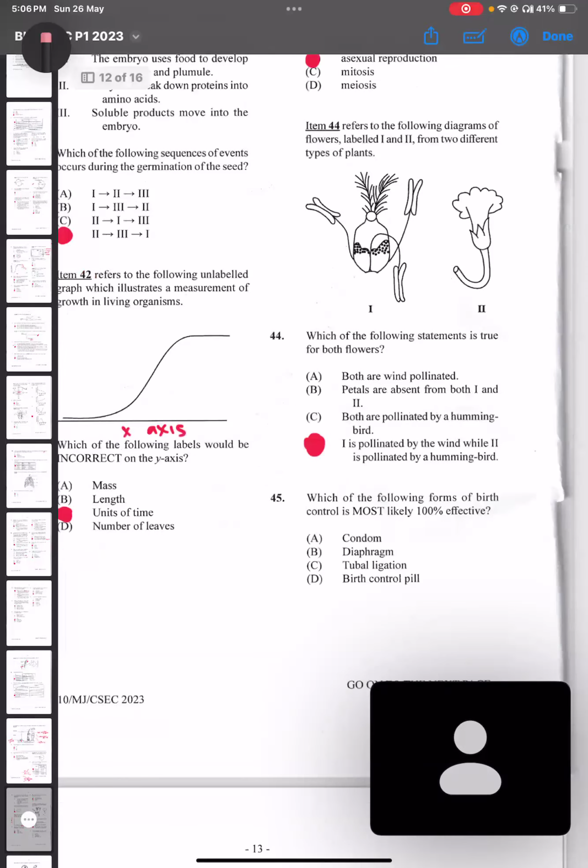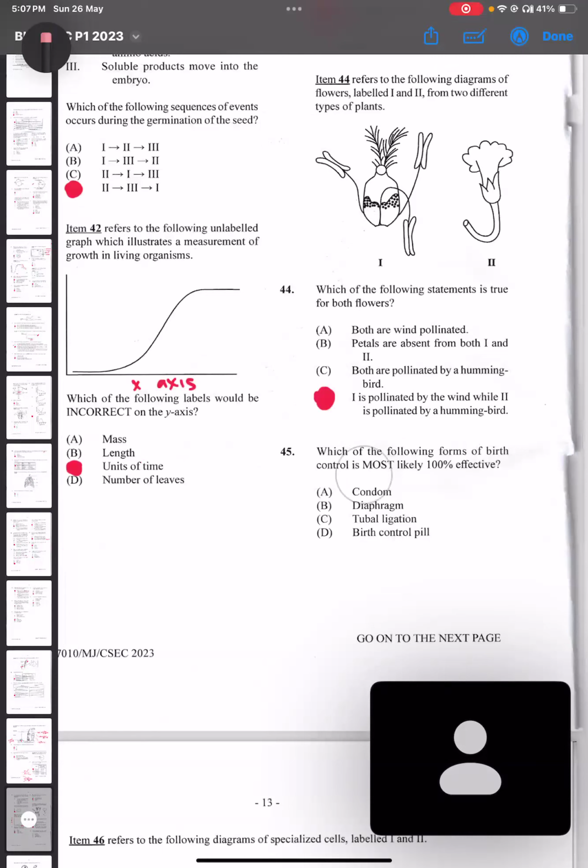And then which of the following forms of birth control is most likely to be 100% effective? It is going to be between A and C because both of them are highly effective, but condoms can burst.